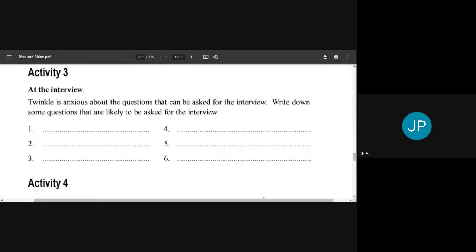Yes, most of the interviews begin with a self-introduction. They will generally ask, can you tell me something about yourself? That is self-introduction. This is how an interview begins, because we go prepared for the interview.